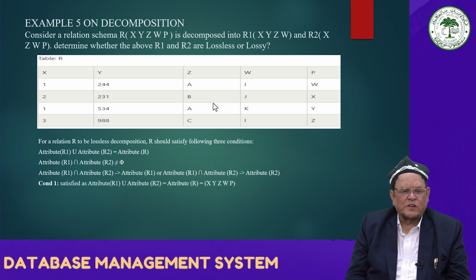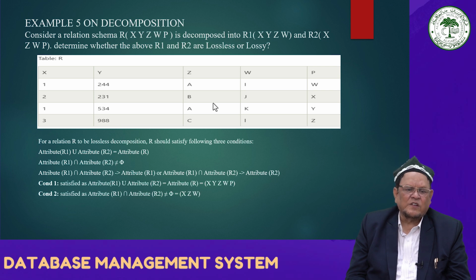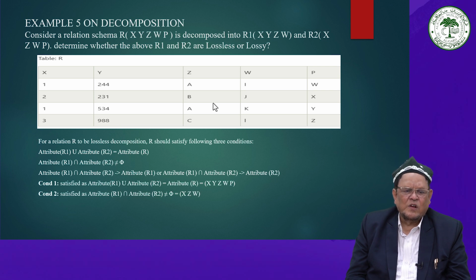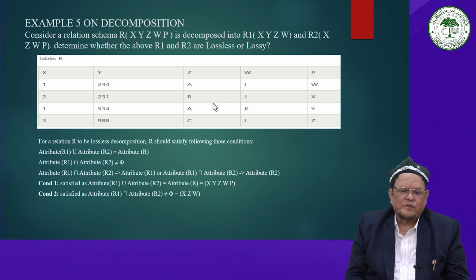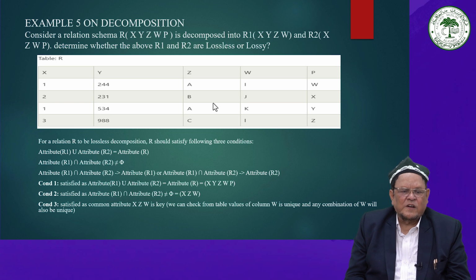So first condition, certified: the attributes of R1 union R2 is the attributes of R, X, Y, Z, W, P. The second condition, certified: the intersection of the attributes of R1 and R2 is not phi, it means X, Z, W. Condition third is certified as the common attributes X, Z, W is the key.